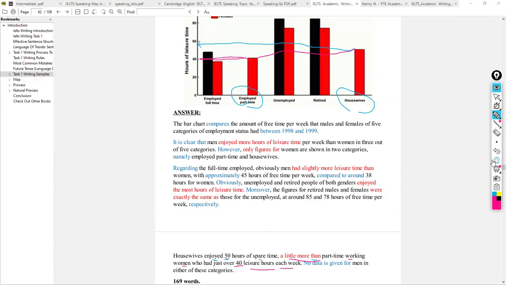No data is given for men in either of these two categories. So we notice that no data is mentioned for men in part-time employment and in housewives. There is no black color for men. So this is why I said no data is given for men in either of these two categories.